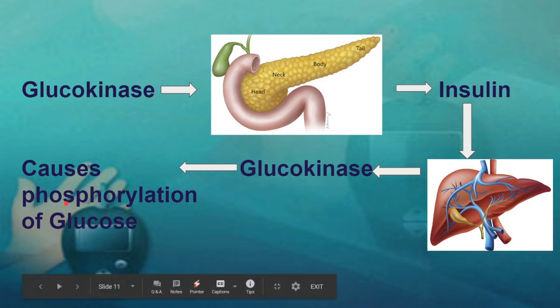Because of the phosphorylation, the glucose will be converted to glucose 6-phosphate, and then this glucose 6-phosphate will go on to the glycogen synthesis pathway in the liver itself. So the glycogen will be stored inside the liver. This is the normal pathway done by the glucokinase enzyme for the synthesis of glycogen to store the extra amount of glucose in the body.